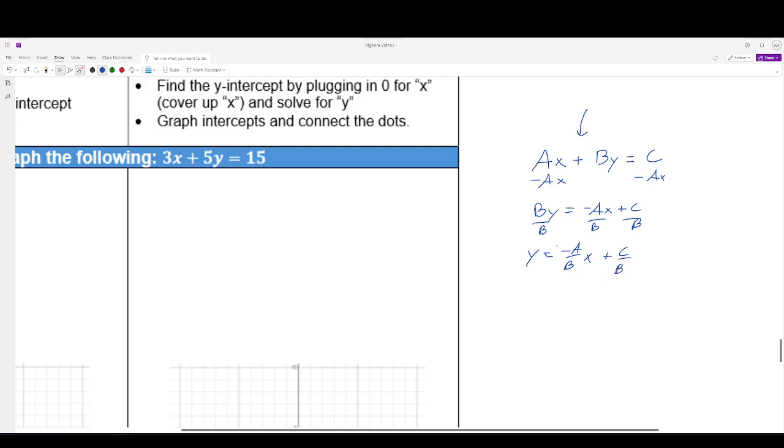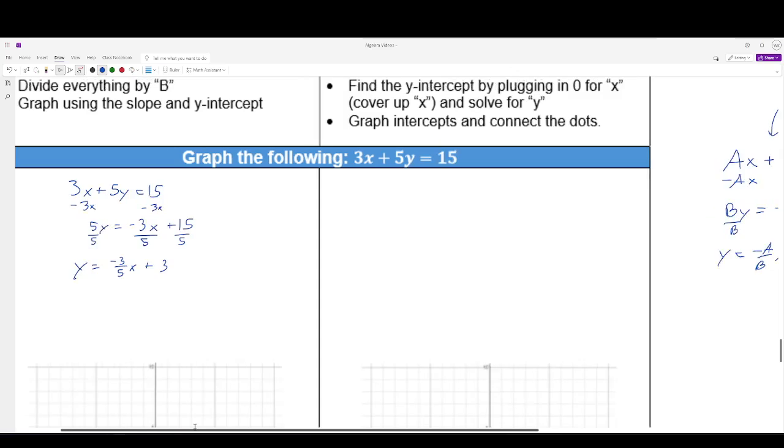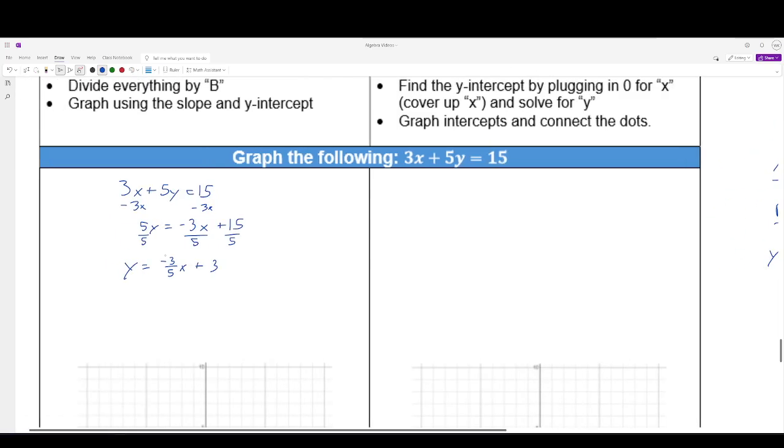This is a shortcut that's not incredibly useful yet. Give me a minute, I'll get there. It's not incredibly useful because that's really easy to do. Like when I had to rearrange the slope-intercept equation over here, that wasn't difficult. I can just do that.